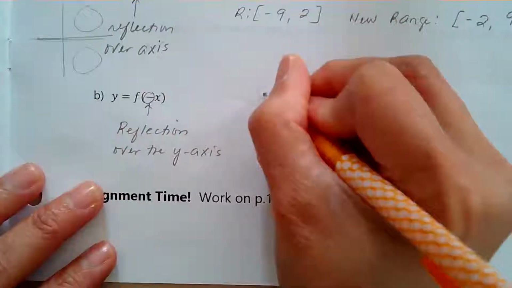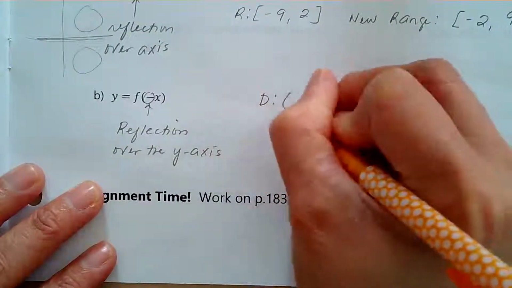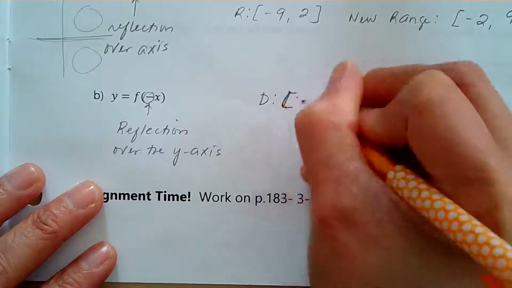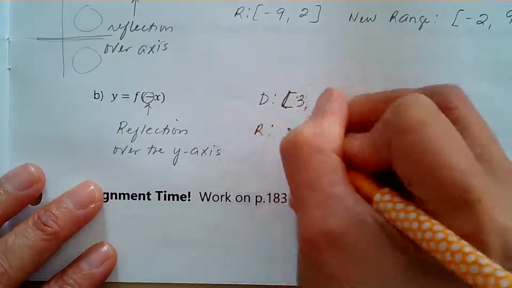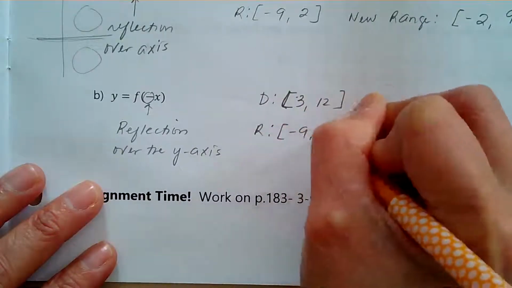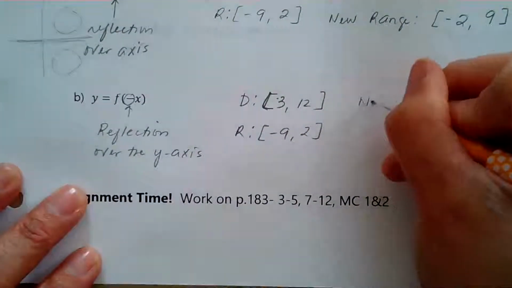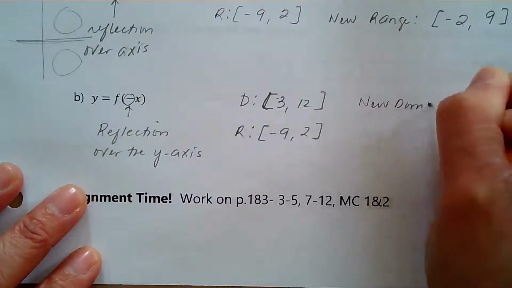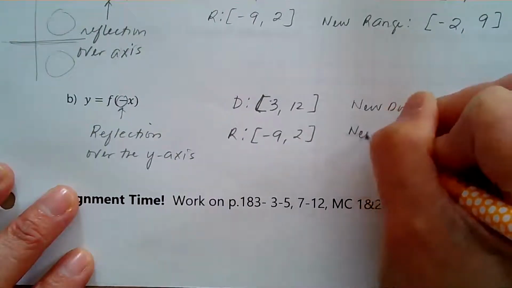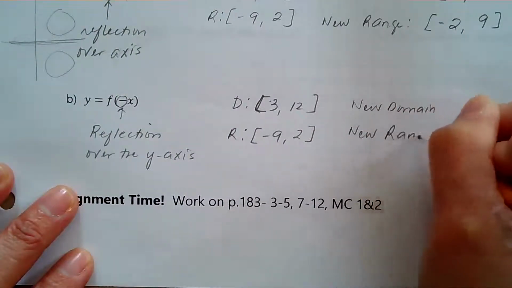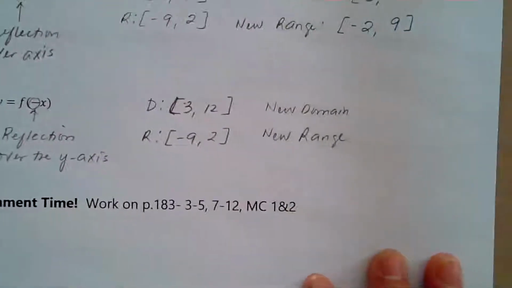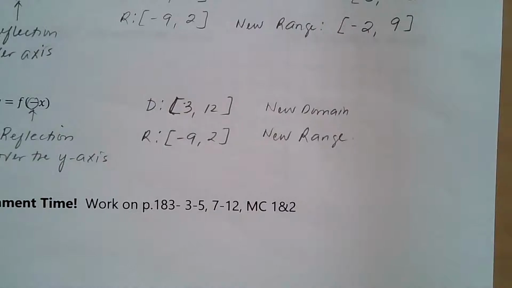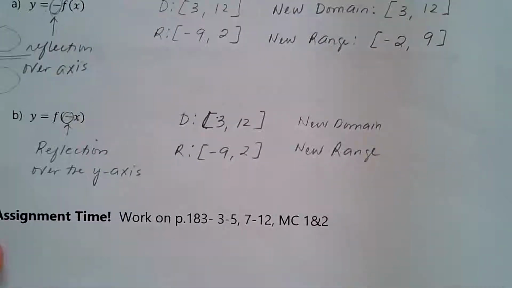So the old domain is from 3 to 12. The range is from negative 9 to 2. Okay, what's the domain of the new image?